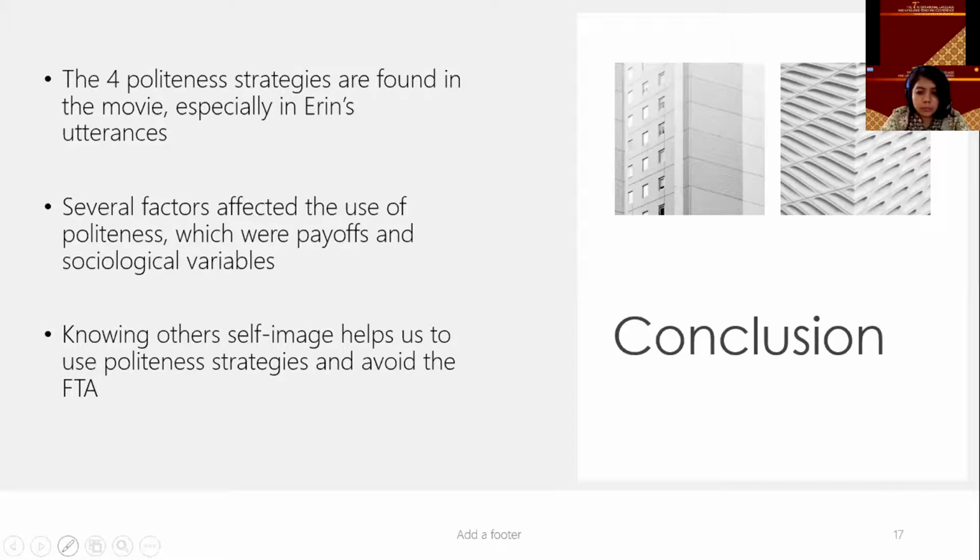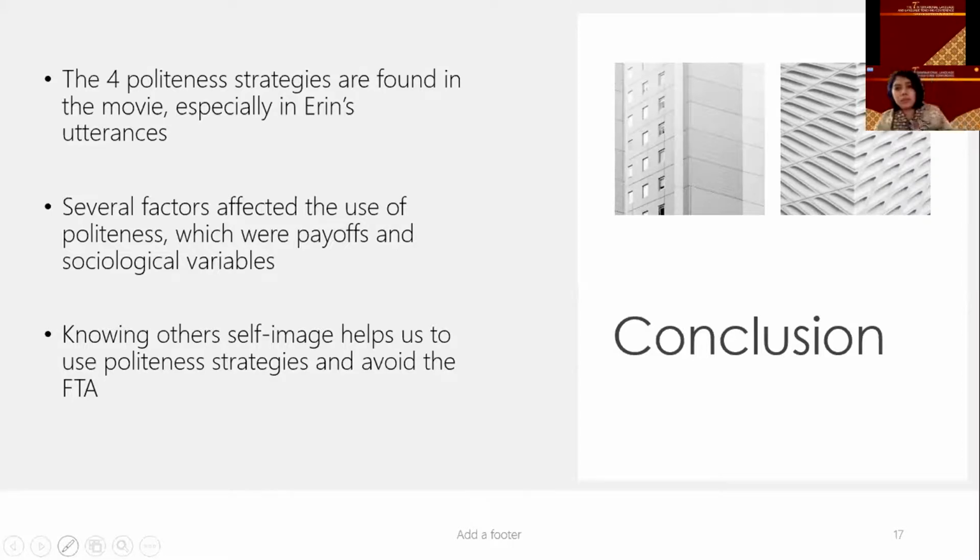And then the several factors that affected the use of politeness were payoffs, the advantages of each strategy, and sociological variables. The important thing in learning politeness strategy is knowing others' face in public.